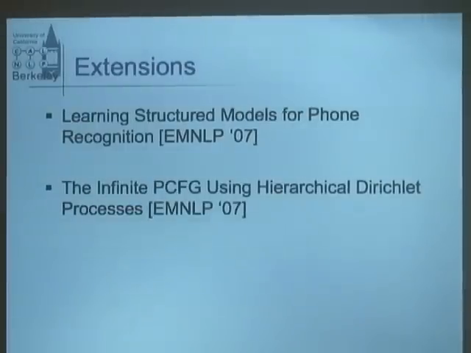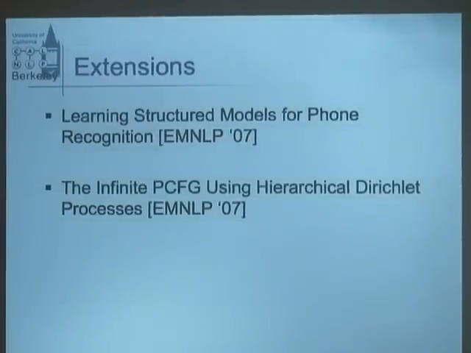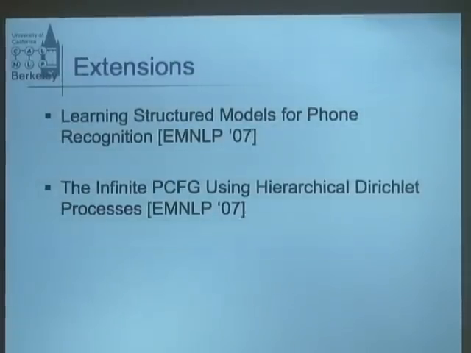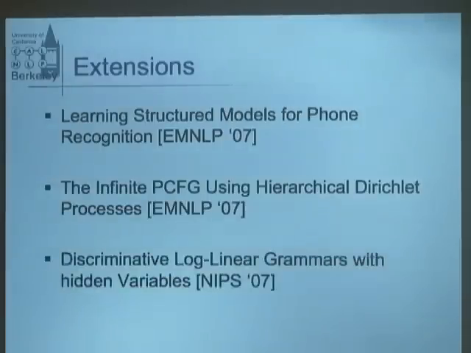We have done a different version of this where instead of doing the split and merge heuristic, we had an infinite model with a sparse prior. And unfortunately, even though it looked nicer on paper and in the math, it is slightly worse in performance, but it's a kind of cleaner model. And currently, I'm working on a discriminative version, which at the moment is as accurate, but an order of magnitude sparser.